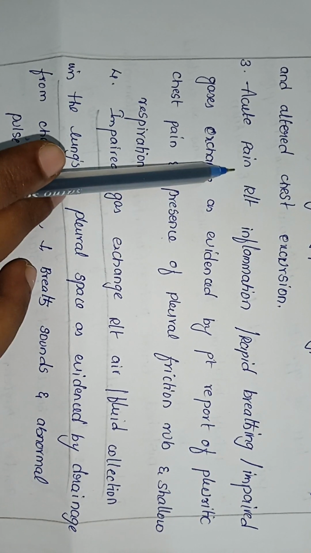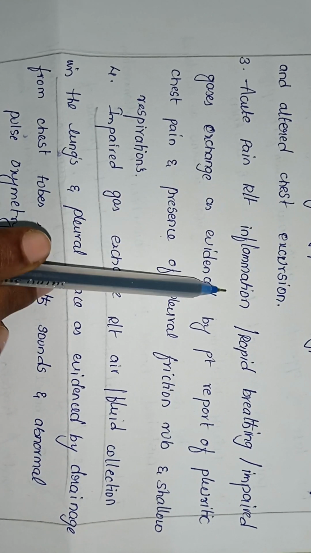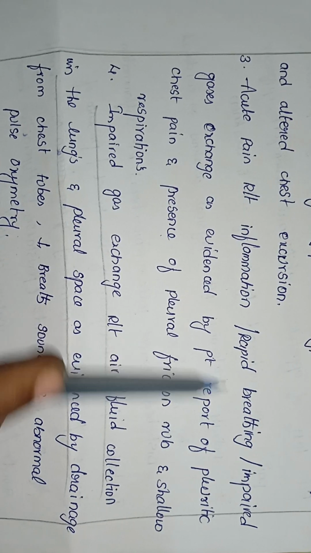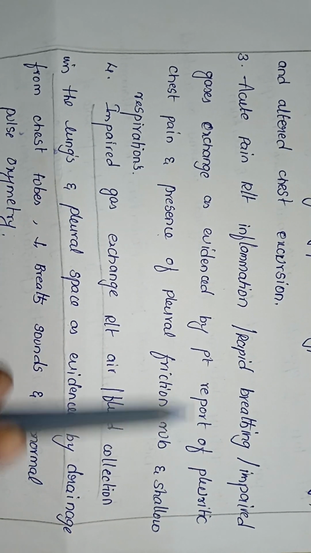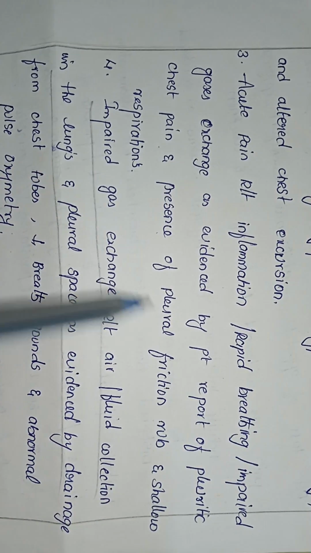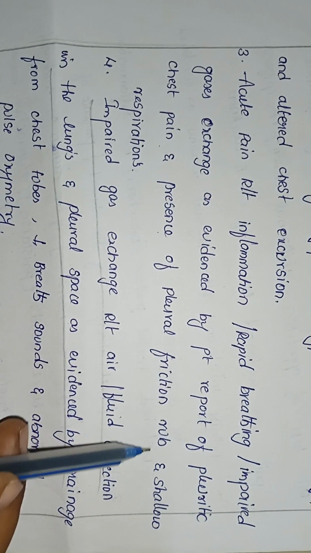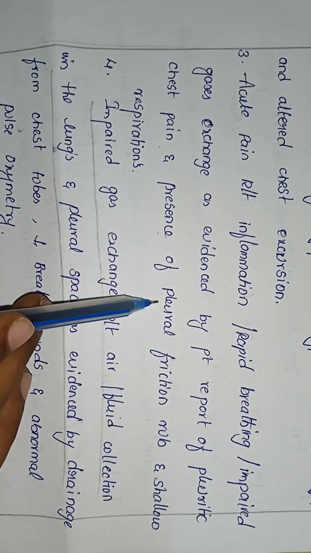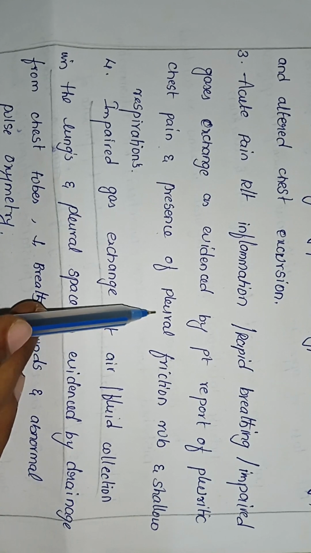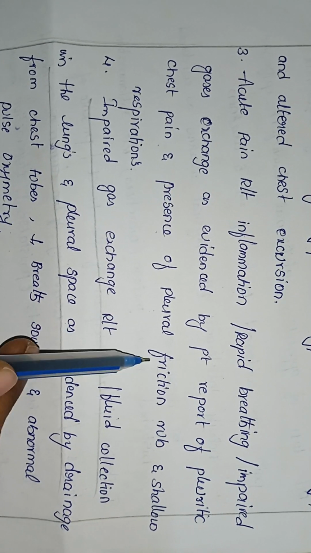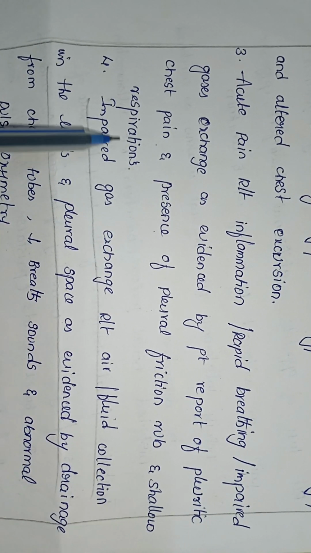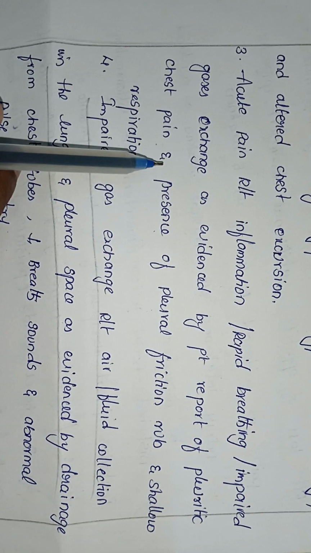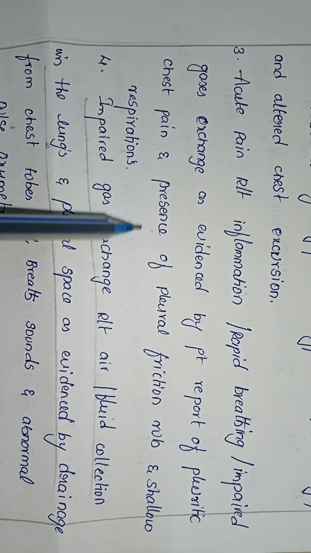Here the patient may have pain because of inflammation or rapid breathing or impaired gas exchange. The patient experiences pain because of the friction rub in between the pleural wall. The presence of friction may cause shallow respirations. This is the third important nursing diagnosis for the respiratory system.